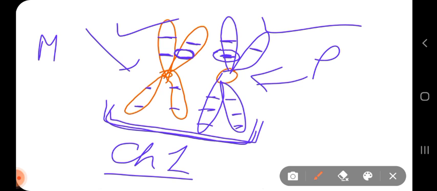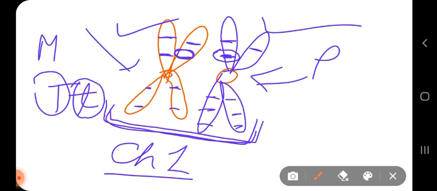So that's how the dominant allele comes, and we represent the dominant allele or gene with the help of a capital letter. Like you have learned in class 12 for the tall pea plant, we represent the tall character as capital T and the dwarf plant as small t. So small t represents the recessive allele, while capital T represents the dominant allele.